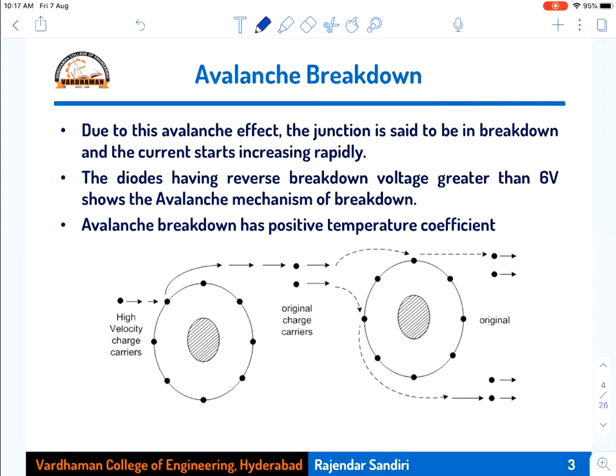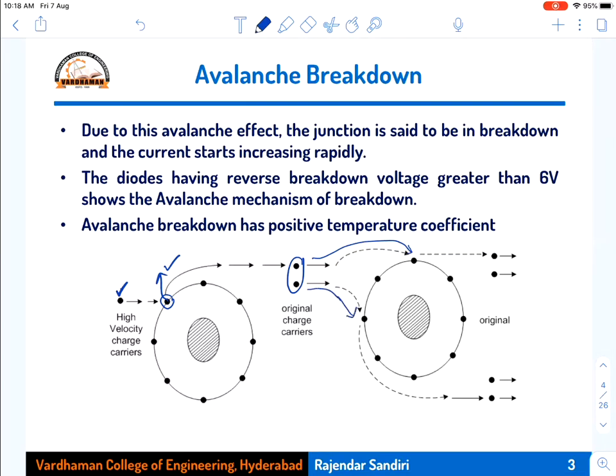An electron which has high velocity is coming and colliding with an electron which is in the covalent bond. Then what happens? This electron comes out of the covalent bond, and now there are two electrons. This one was already there, and this new electron, these two become the charge carriers. Then these two will go: one will collide with another electron, and the other electron will collide with some other electron.